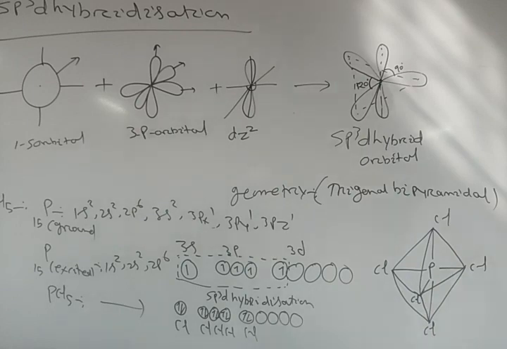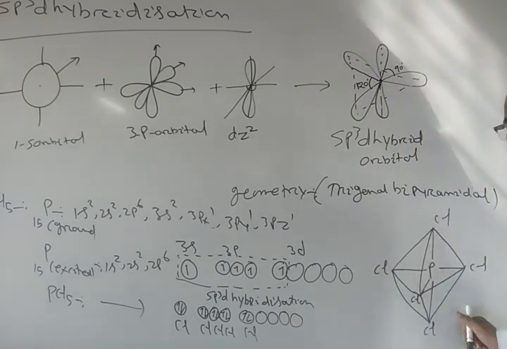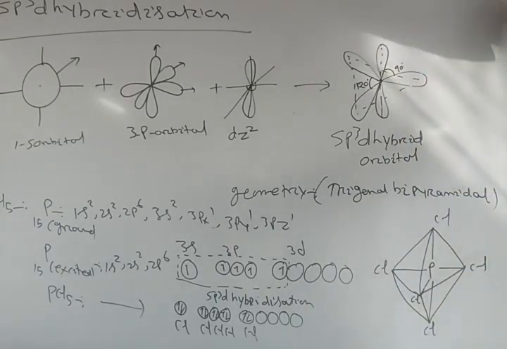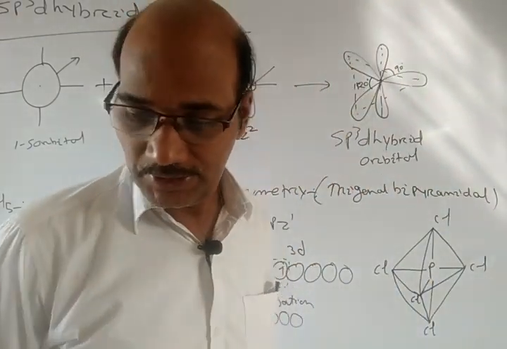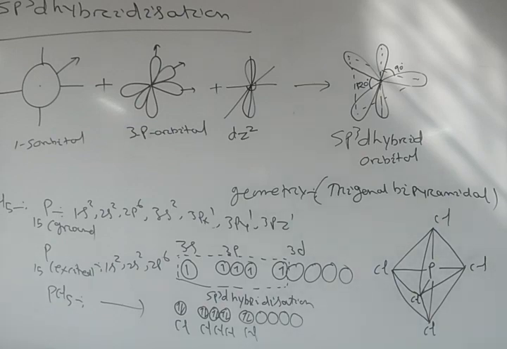This is called what? Trigonal bipyramidal. This is called the trigonal bipyramidal geometry. In this way, the PCl5 is formed with the help of sp3d hybridization. Is that clear?